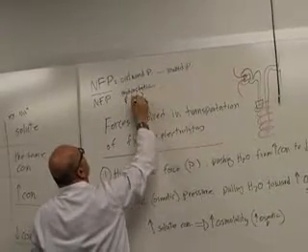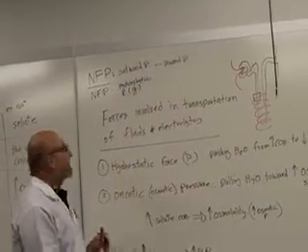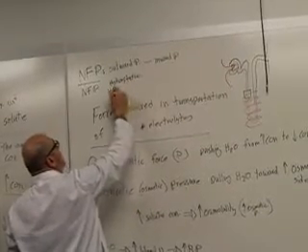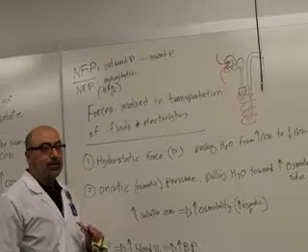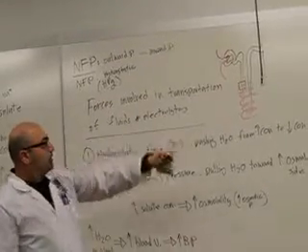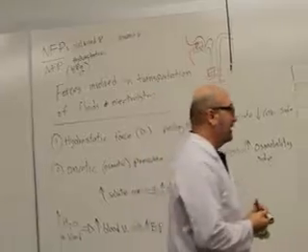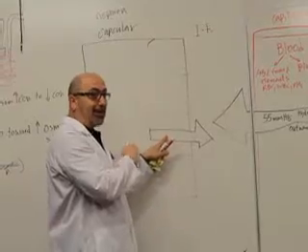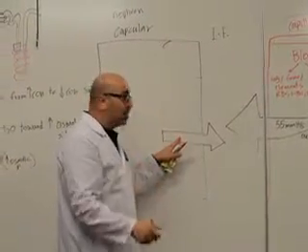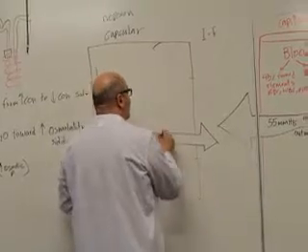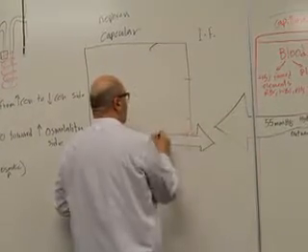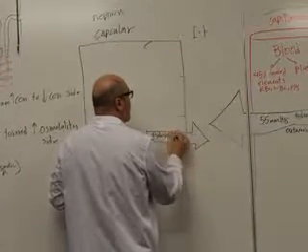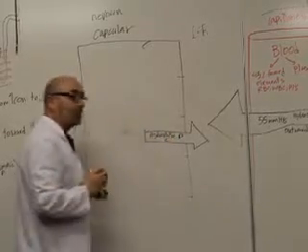But this is the glomerular side, so I'm going to put letter G, so hydrostatic pressure with the letter G in front of it. Like that. So that's my dominant force. And then it's going to be also opposed by hydrostatic pressure. That means you're going to have water on the other side, but it's not as strong. So this would be also called hydrostatic pressure going against, opposing this force. So that's also hydrostatic pressure, but this is on capsular side, so we're going to use letter C.